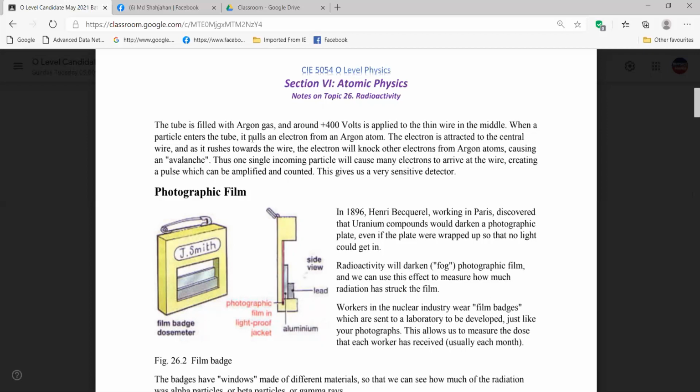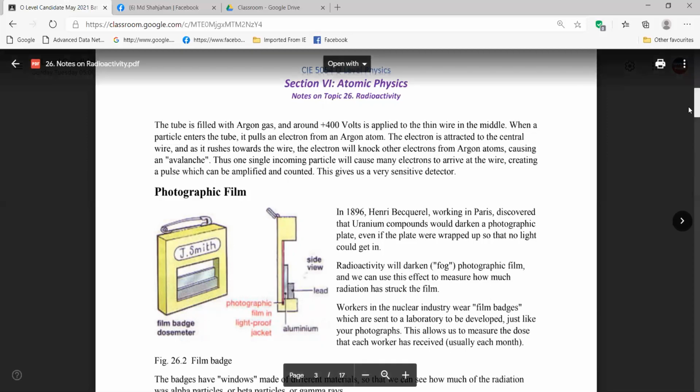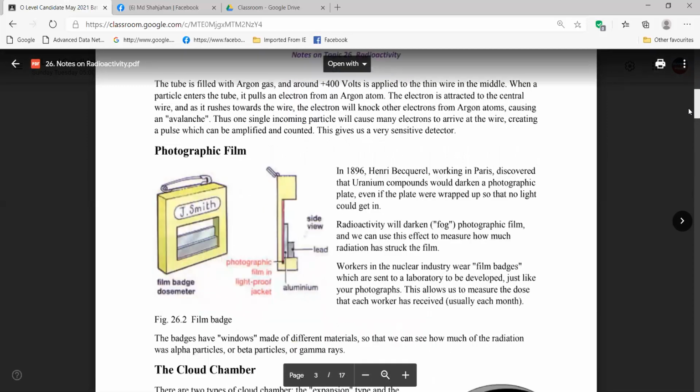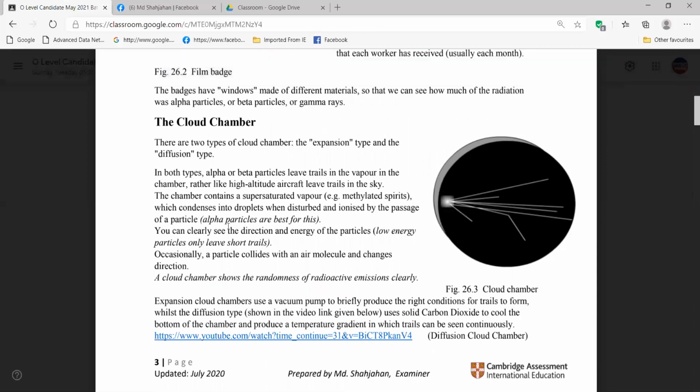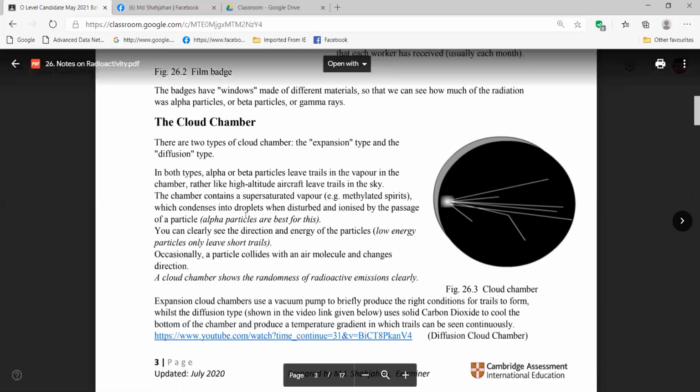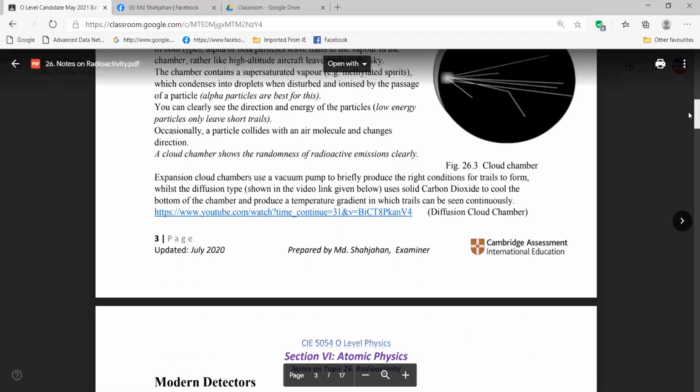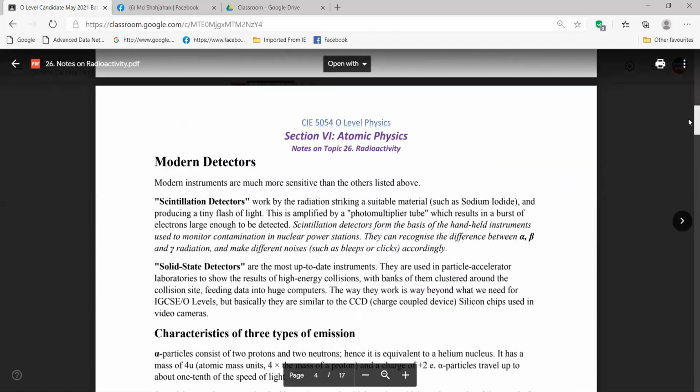So alpha particles, you see physics has links with each other, and you will see nothing is contradictory. If you think with a cool brain, then you'll see everything is matching wonderfully. And here also in the cloud chamber, alpha particles are best for this. So here also we are getting ionizing, and that's why alpha particles ionize best. The more you go on, you will feel more confident.